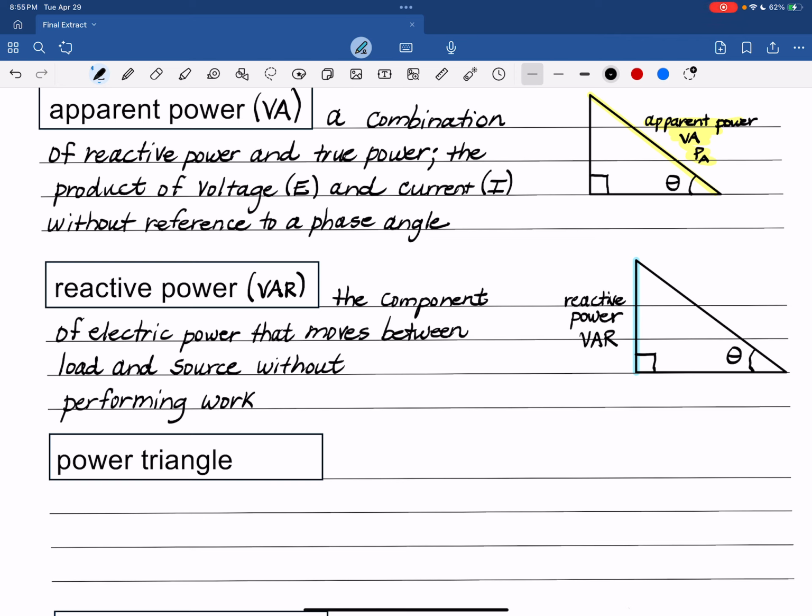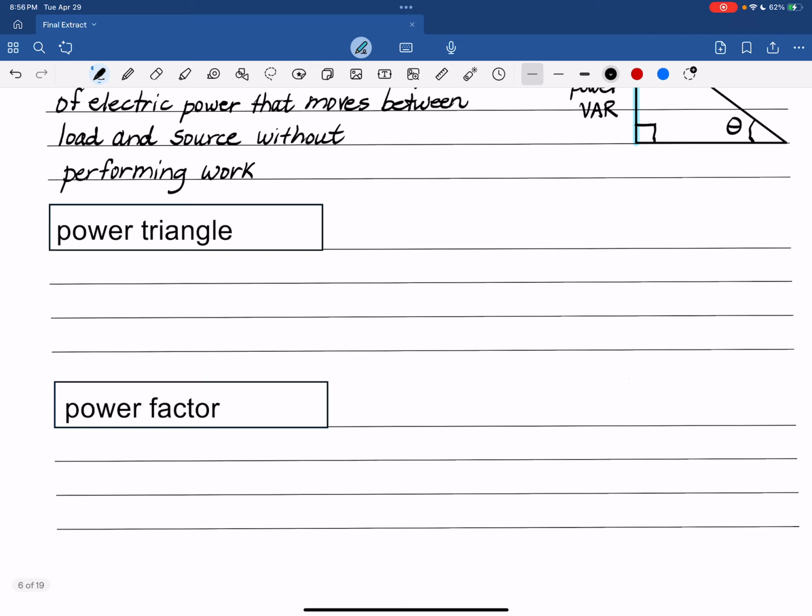Okay. So what exactly is a power triangle? I'm going to draw it first and then we'll define it.